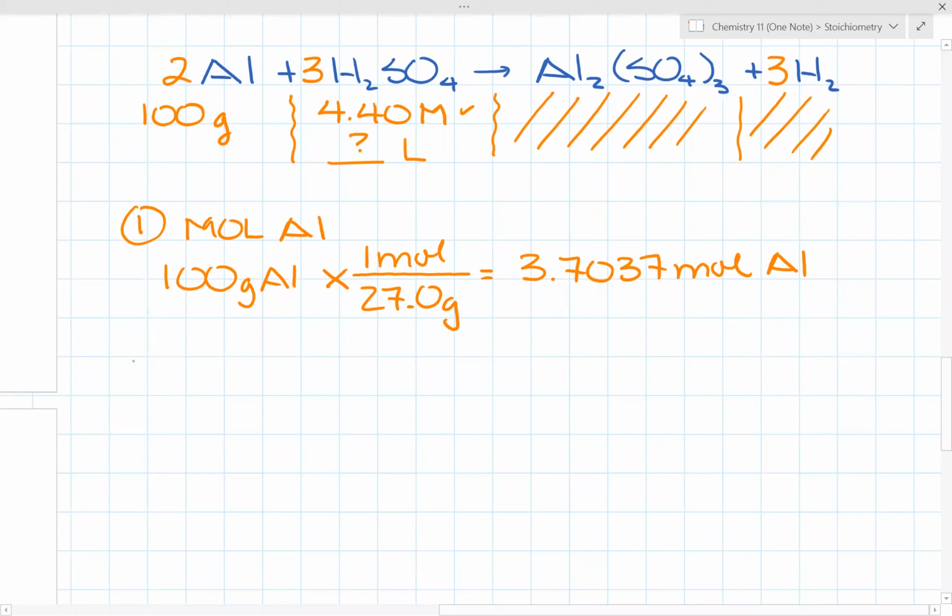Second step, what you want is the mole ratio.